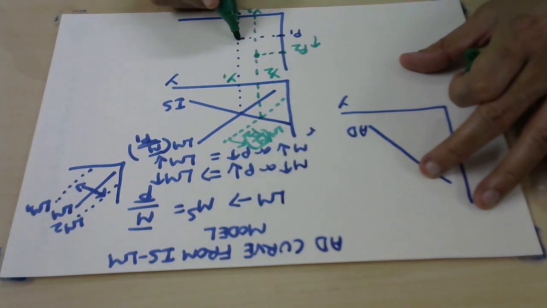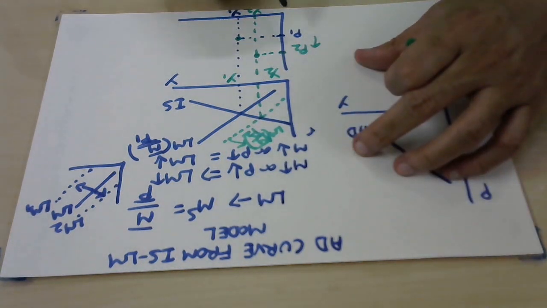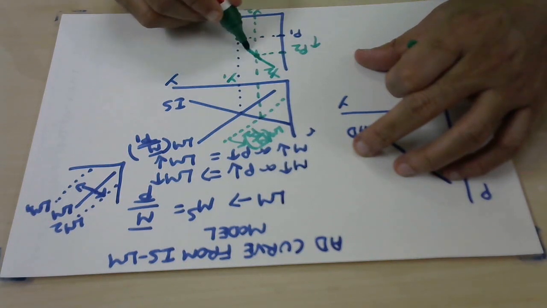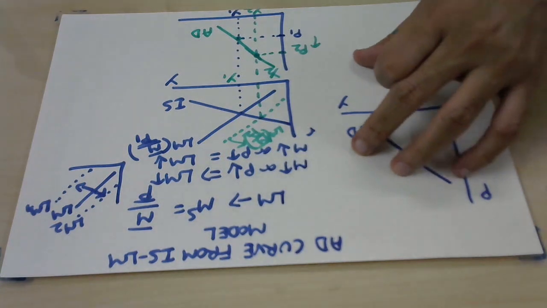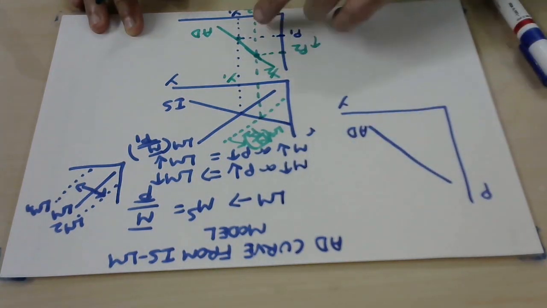P1, Y1 was one consistent combination. Now P2, Y2 is another consistent combination, and together they give us a downward sloping curve, a relationship between price level and GDP.